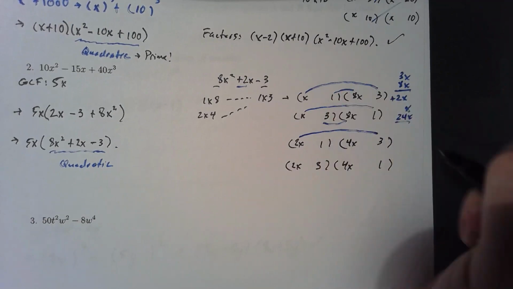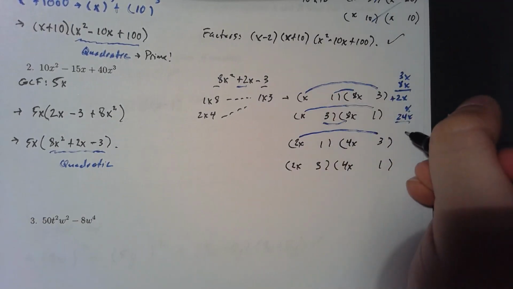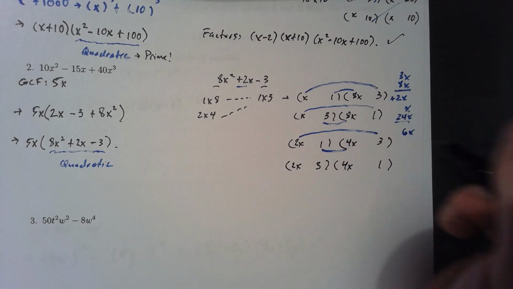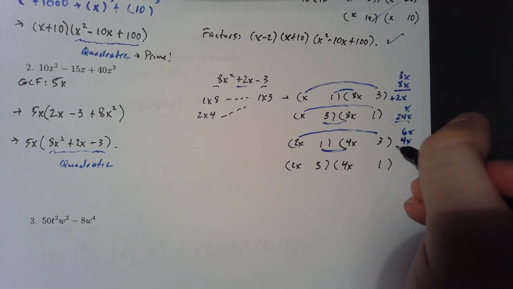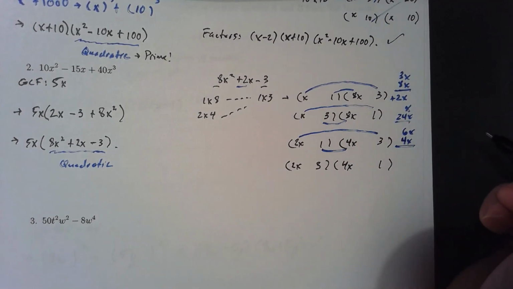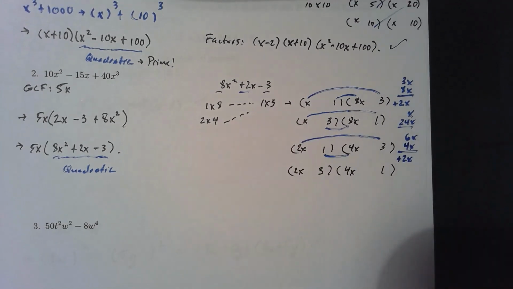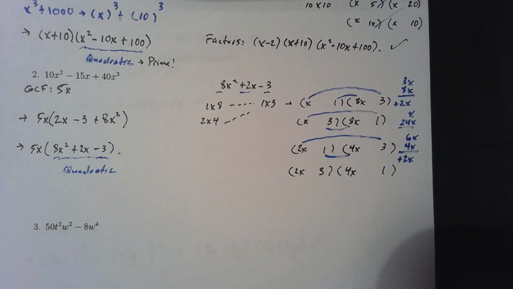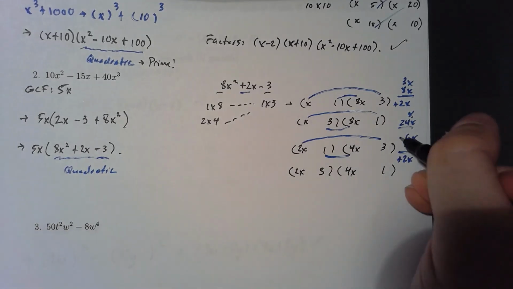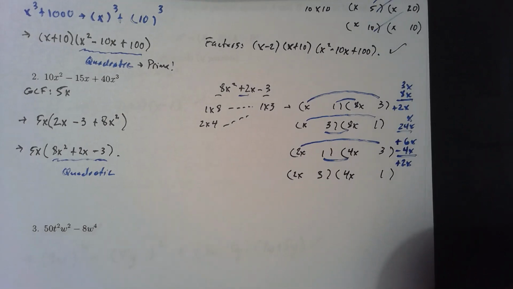This one, that's 6x. That is 4x. Am I going to get plus 2x from that? Possibly. How would that have to work? In order to get plus 2x from that, this would have to be plus 6x and minus 4x, right?